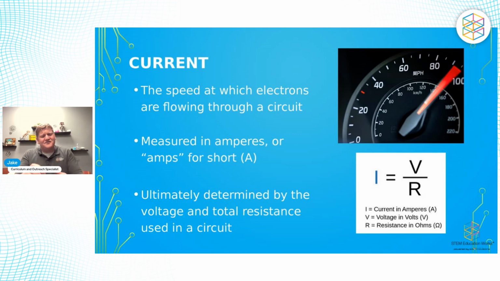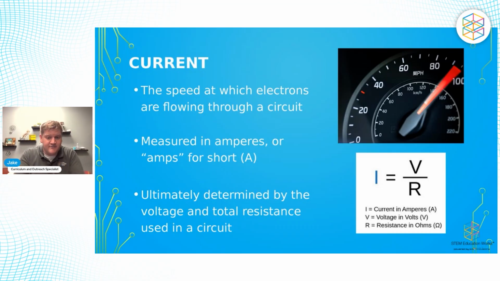But current is a little different. You can think of current as almost being like a secondary value to a circuit. Current kind of pops out given whatever voltage and whatever resistance you are using in your circuit. So in that sense, it's less fundamental to the circuit components that you're actually using.